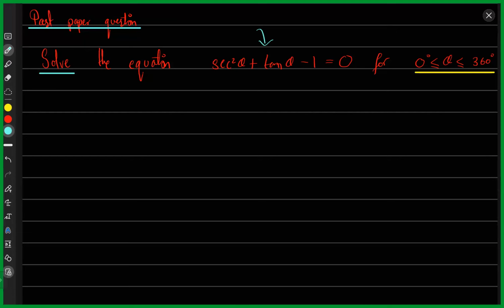At this point, I have secant, I have tan, two different trigonometric functions. I cannot simplify this. I need to have one trigonometric function and only then I would be able to simplify it. So what I can do is convert secant to tan using the helping identity.